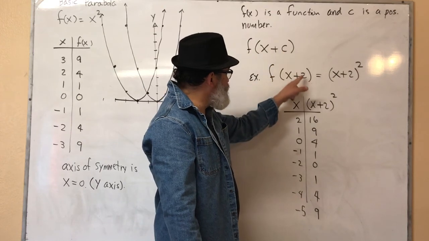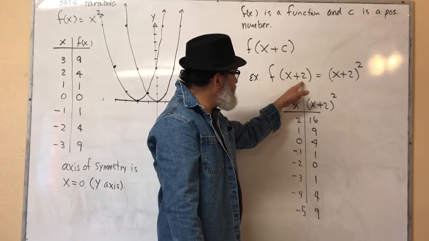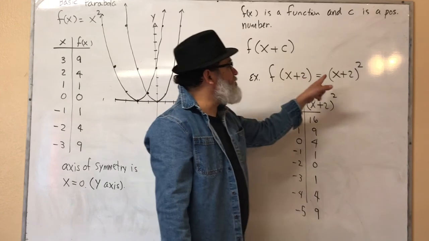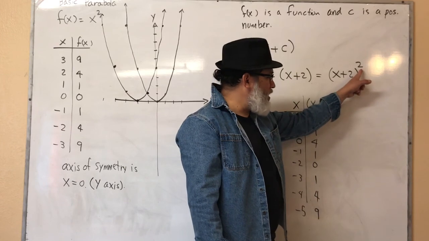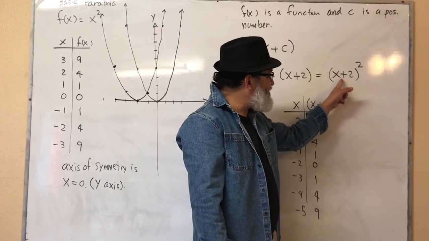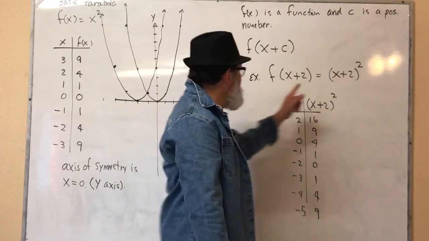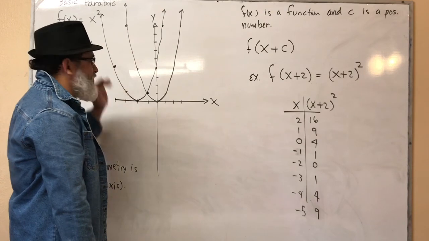If c is 2, x plus 2 becomes x plus 2 quantity squared. This shifts the basic parabola 2 units to the left.